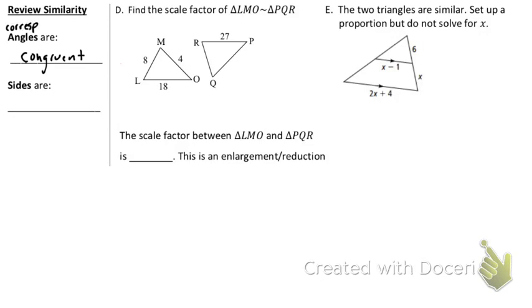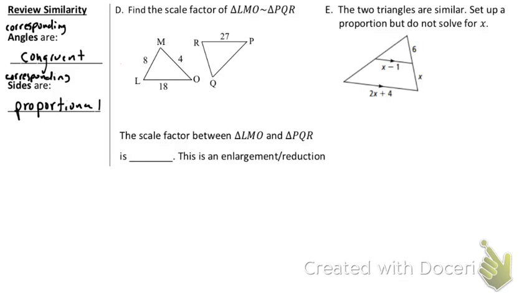Angles are congruent. Alright, the second fact we know is sides are proportional. Again, that's corresponding sides. So the sides have to match before we can create equal fractions.